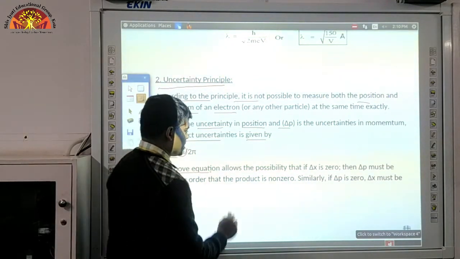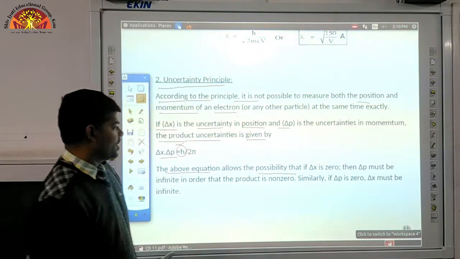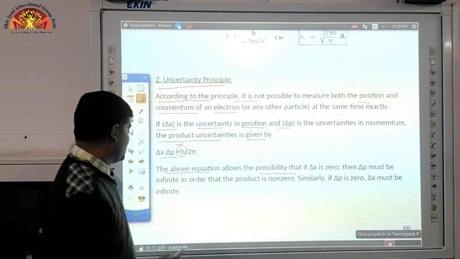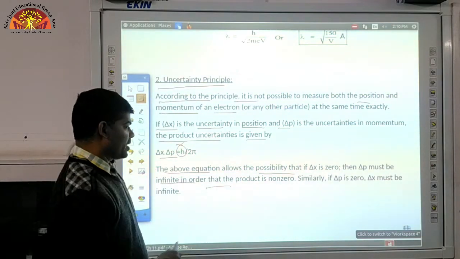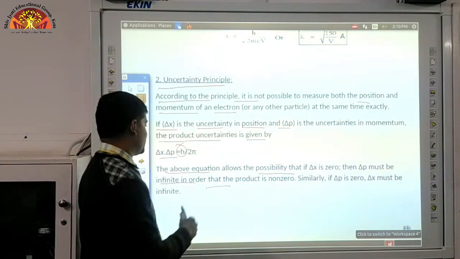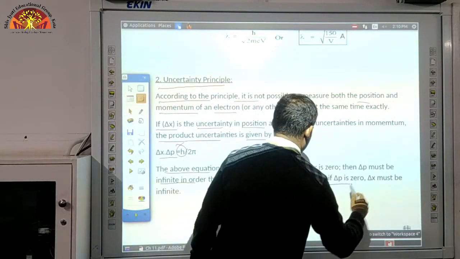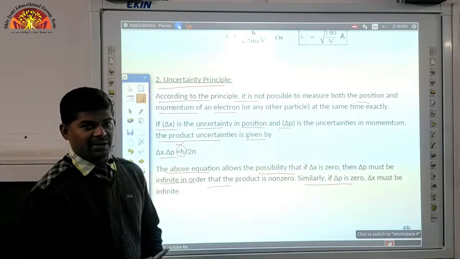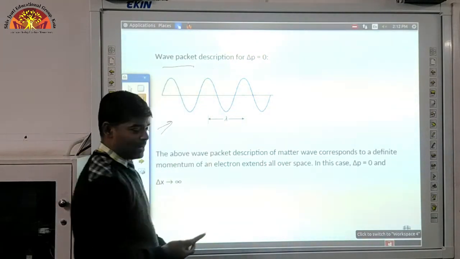The above equation allows the possibility that if del x is 0, अगर del x की वैल्यू 0 है तो del p must be infinite so that the product is non-zero. और इसका vice versa, अगर आपका del p 0 है तो del x तो आपका infinite होना चाहिए. Similarly, if del p is 0, del x must be infinite. You can see the graph. This is the wave packet description for del p equals 0.